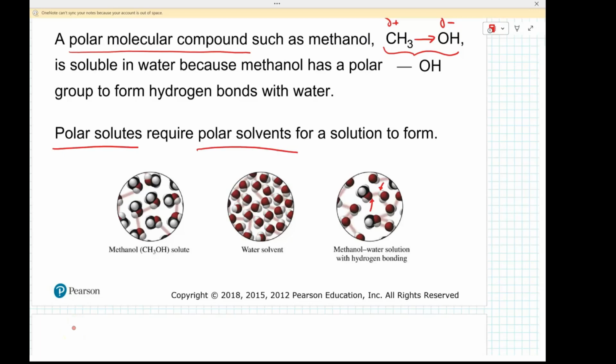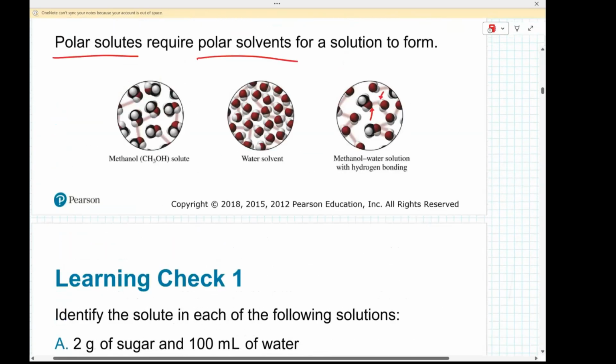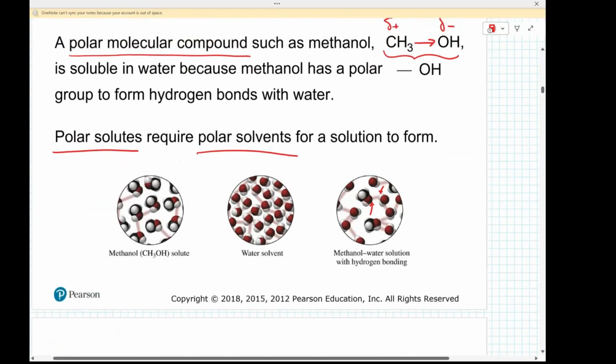Now, polar in this instance means molecular, so another example of a polar solute being dissolved in a polar solvent is sugar in water. Sugar is molecular, but it's polar. You cannot dissolve sugar in oil, right?